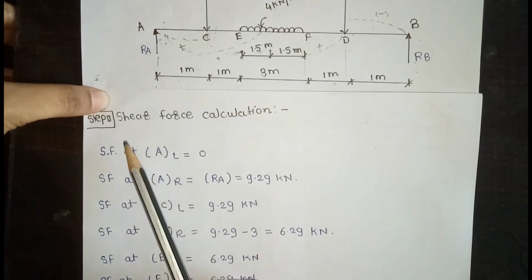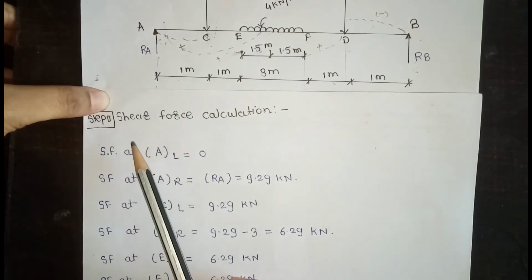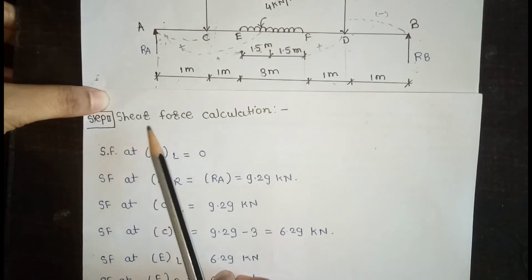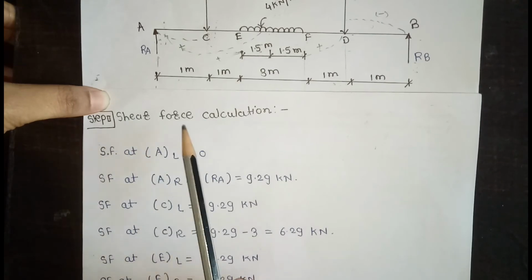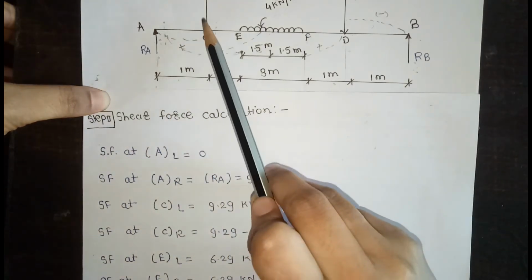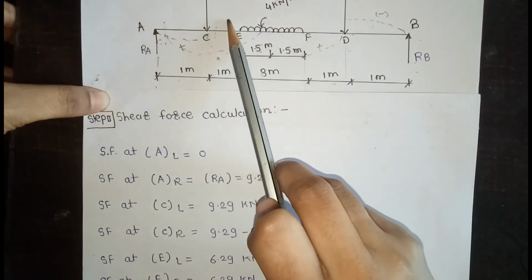Then step two, shear force calculation. First of all, we have to know what is meant by shear force. Shear force is the algebraic sum of all the forces which act to the left or right of the section.